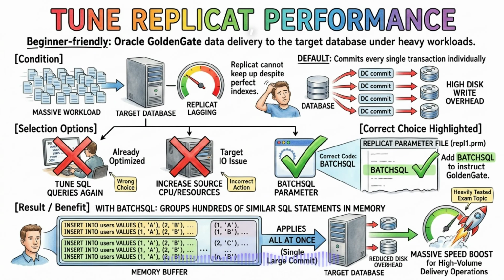You should use the PURGEOLDEXTRACTS parameter to tell the system to safely delete any trail files that have already been completely read and applied by every downstream Replicat process. Automating trail file cleanup is a mandatory operational best practice for maintaining a healthy storage environment.